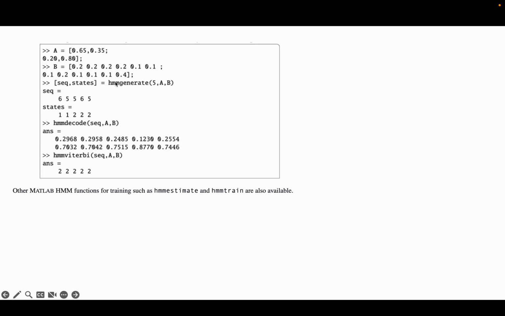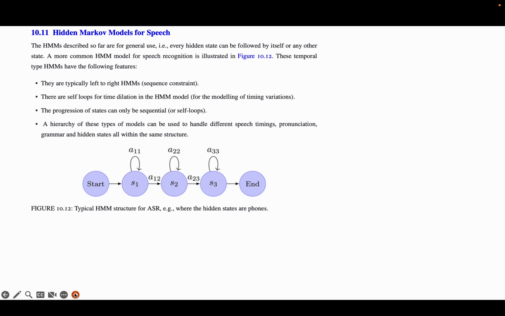It generates a sequence. It generates states, and then your decode will generate your different routes from beginning to end, and your answer comes out when you give it the Viterbi command. You can also train your hidden Markov model using HMM estimate and HMM train. So quite a bit of resources available within MATLAB for constructing hidden Markov models.